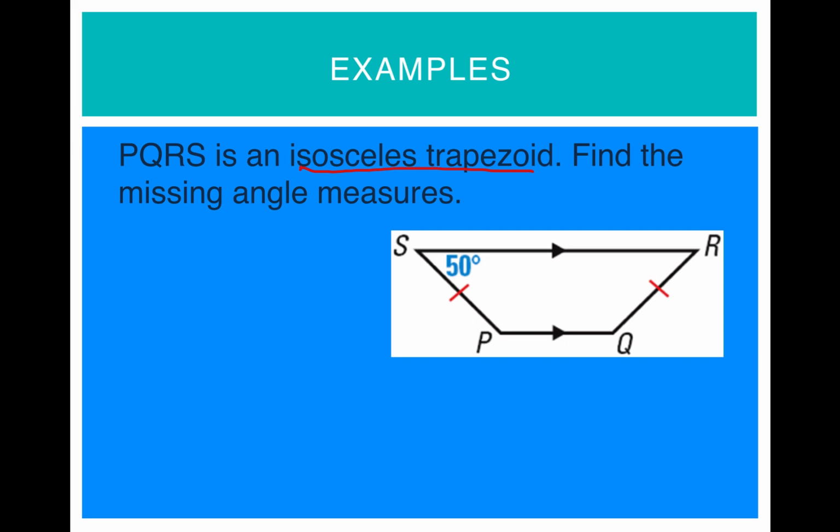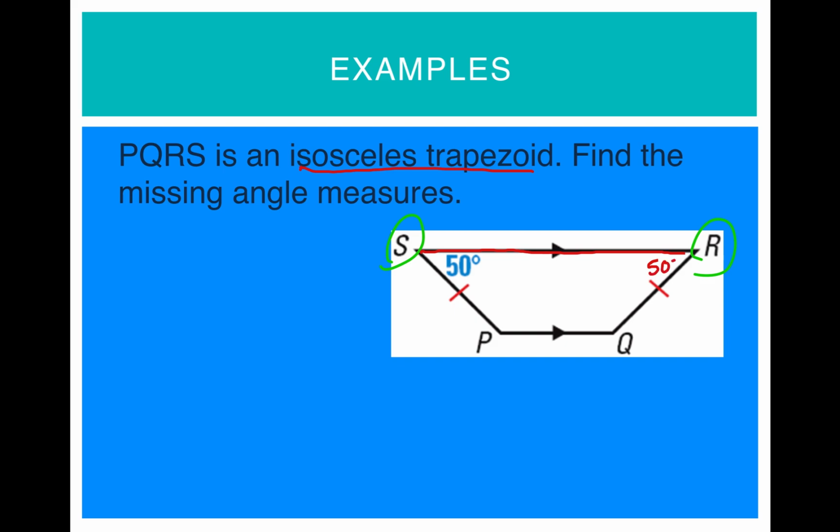I have one pair of base angles right here, S and R. They're congruent. They're on either side of that base SR. So since S is 50 degrees, R also has to be 50 degrees.